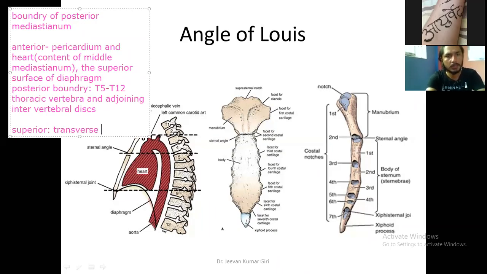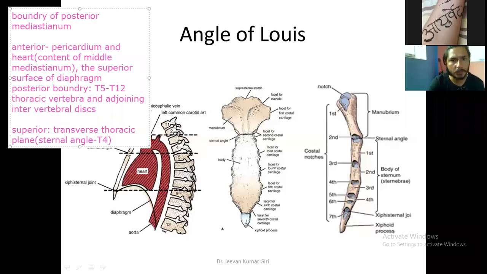This transverse thoracic plane lies at the level of the sternal angle anteriorly and posteriorly at the level of the lower border of T4 vertebra. So this forms the superior boundary.